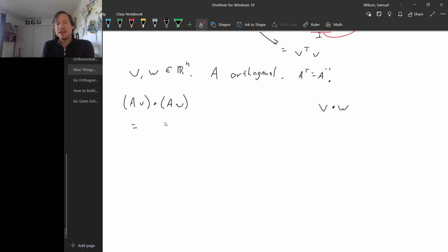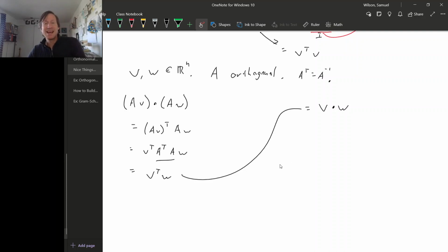AV dotted with AW, we can write that as AV transpose times AW, but AV transpose is V transpose A transpose times AW, and A transpose A is the identity. So again, we just get V transpose W, but that's equal to V dot W.